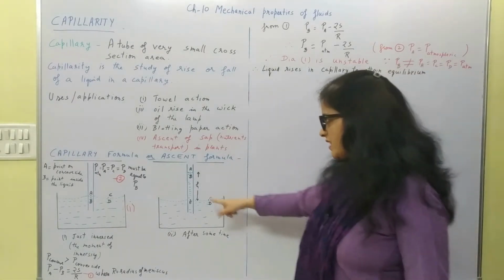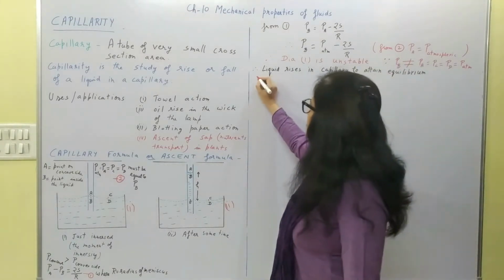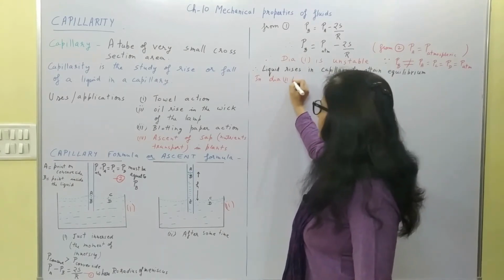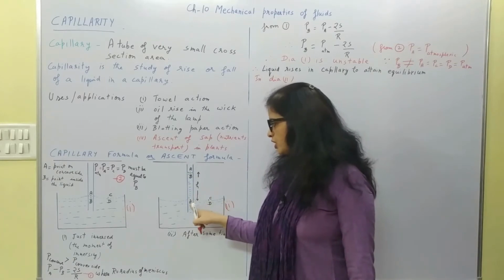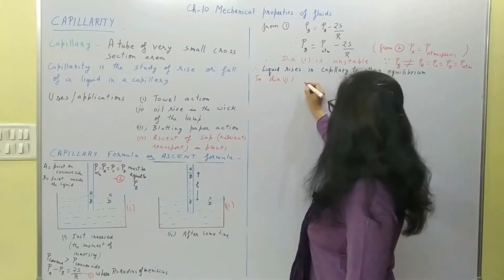Now when it rises, if we look at this diagram 2, now B point rises here. Now which point is at the same level? Point E. So I can mention it now.